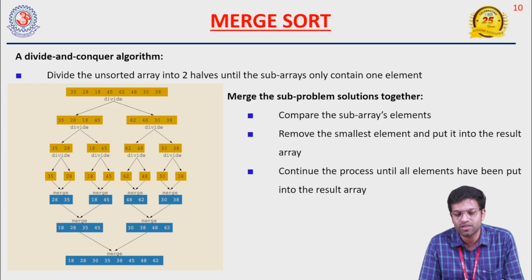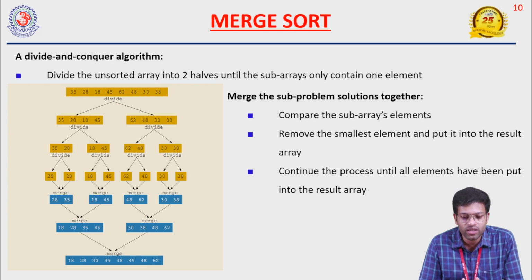In that example, I explained that the entire assignments will be divided into different sets, and those sets will be merged afterwards. So finally, I will be getting all the assignments in a sorted way. This is the same thing happening here.